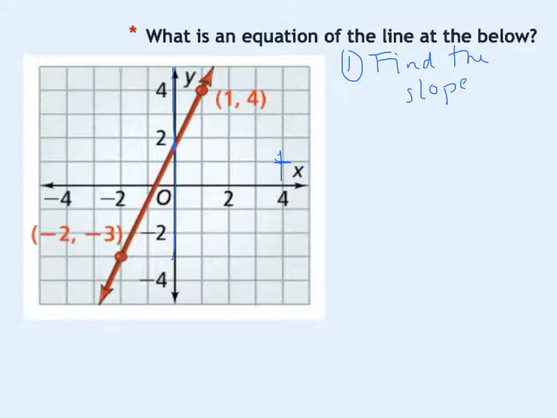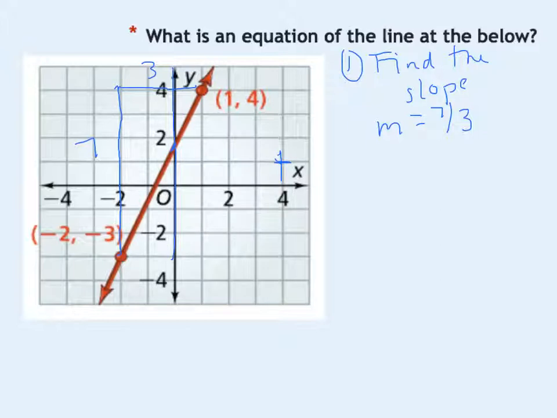So I'm just going to do my rise over run. I'm going to start at my lower point, and I'm going to go up 1, 2, 3, 4, 5, 6, 7. So a rise of 7 and a run of 1, 2, 3, positive 3. So my m is equal to 7/3.